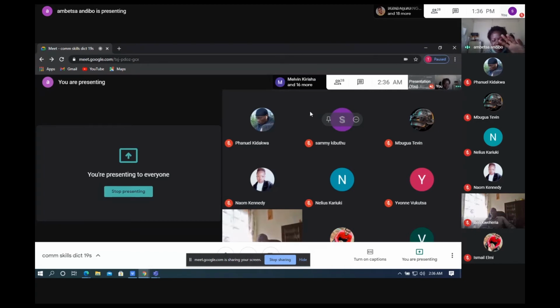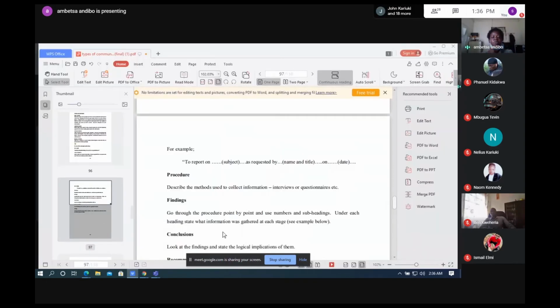Then you take the pictures, a permanent record of what you saw. So for interview, if the people you're interviewing are fewer, then that's when you pick interview. But questionnaires for many people.